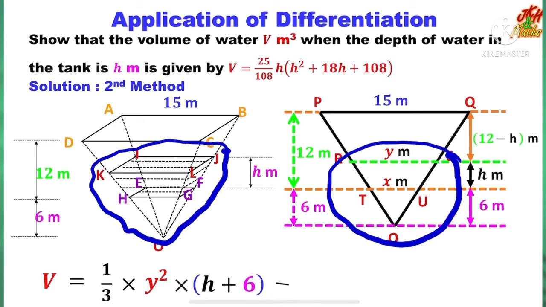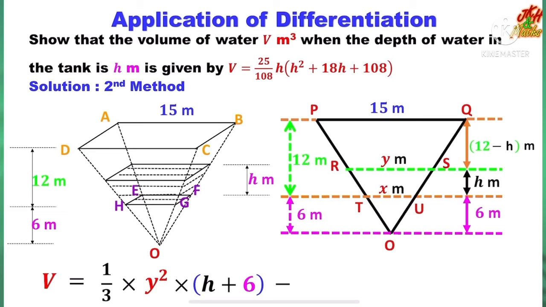Take away the volume of the pyramid EFGHO, which is equal to 1/3 multiplied by the base area, where the side is equal to x, so the area is equal to x squared, times the height, which is 6.